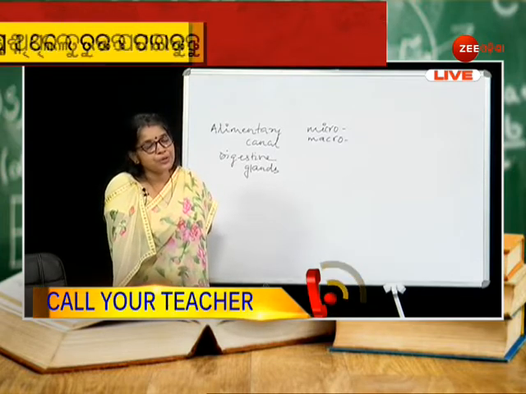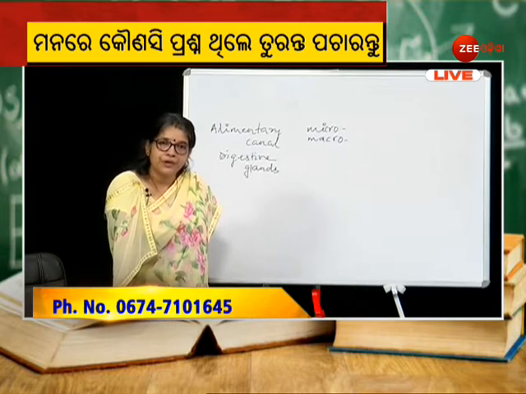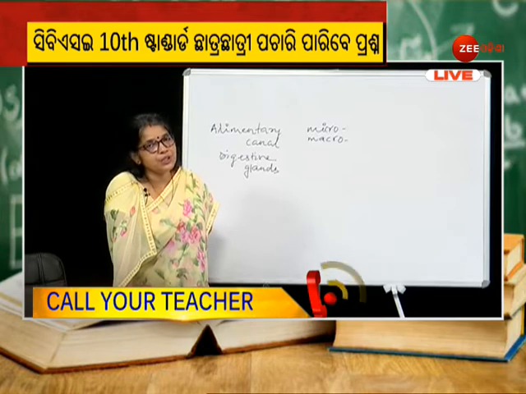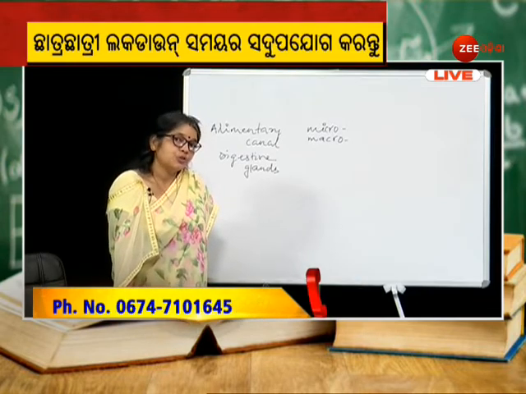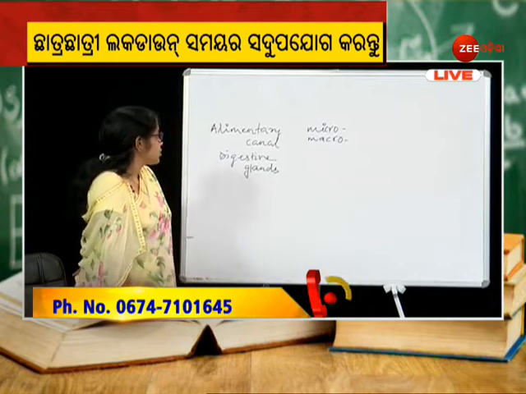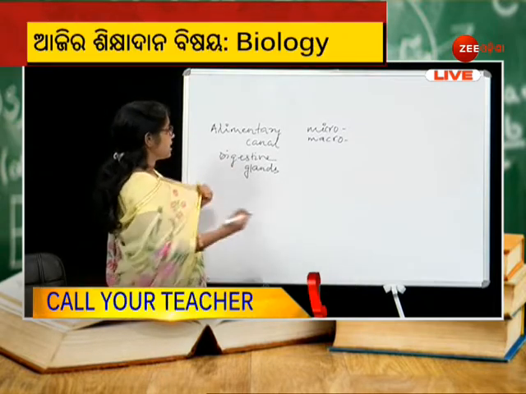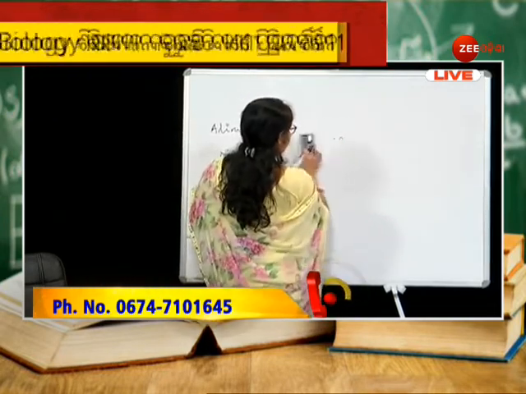The macronutrients mainly include carbohydrate, lipid or fat, and protein. These are the macronutrients which are involved in the process of digestion. So after having some knowledge about the nutrients, let's go to our topic, that is the human digestive system.